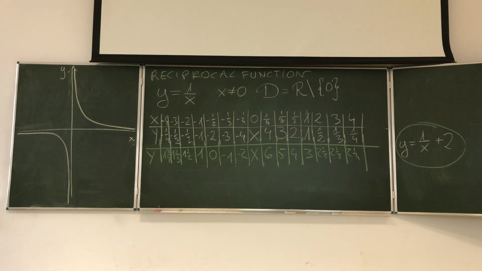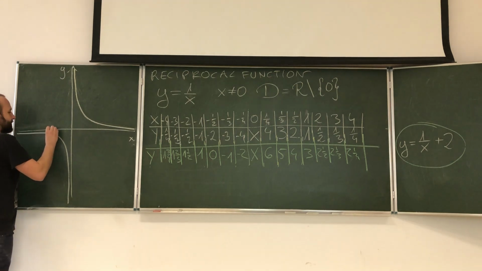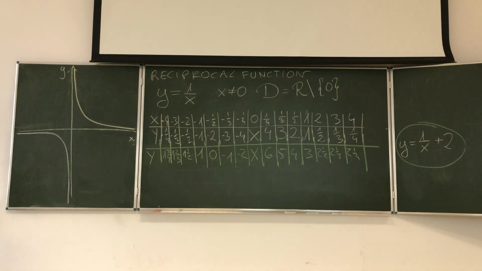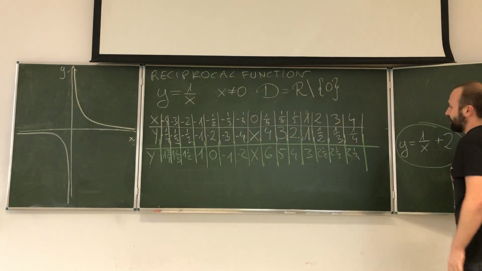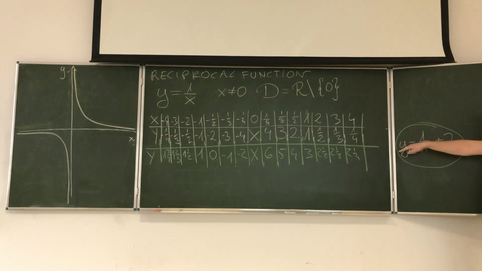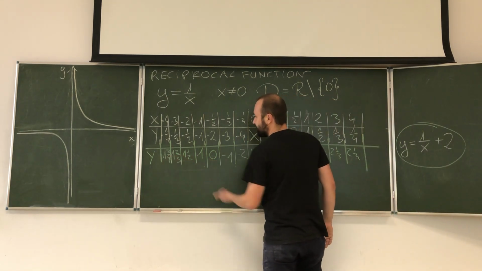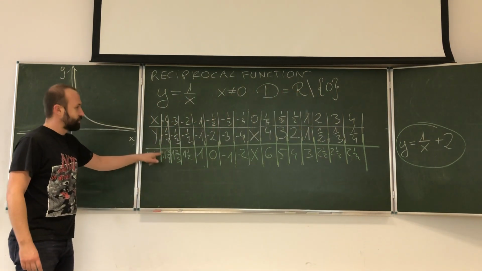And look, remember that over here there is an invisible asymptote, right? It's at 0 for the original function. But now, values of the function are not going closer and closer to 0. They are getting closer and closer to 2. And the same happens over here. Look, we are getting closer and closer to 2.